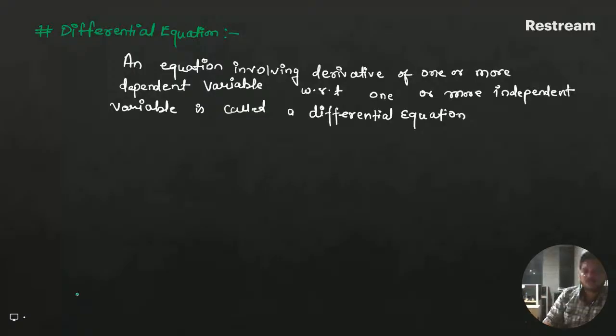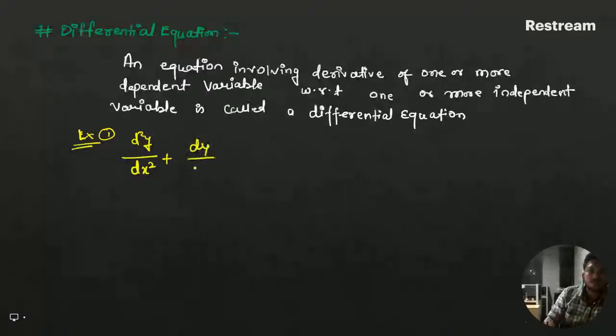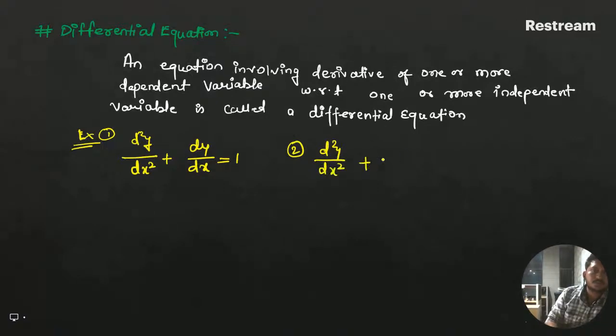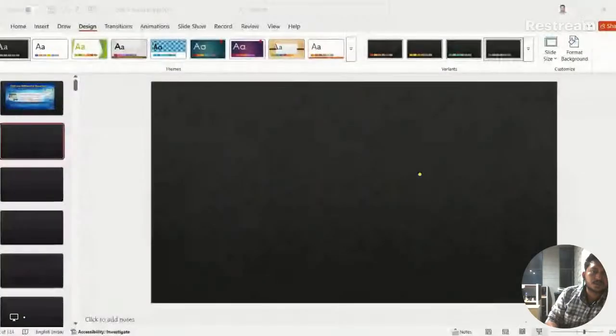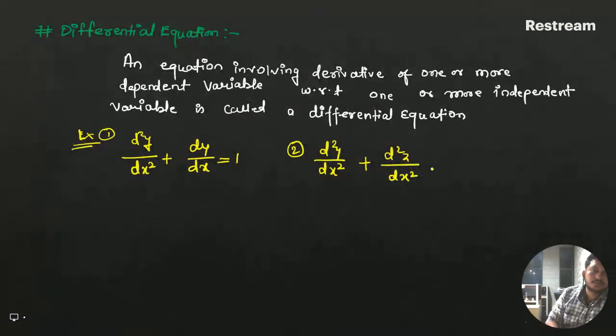Let's see some examples. First example: d2y upon dx square plus dy upon dx equals 1. Second example: d2y upon dx square plus d2z upon dx square plus 1 equals 0.